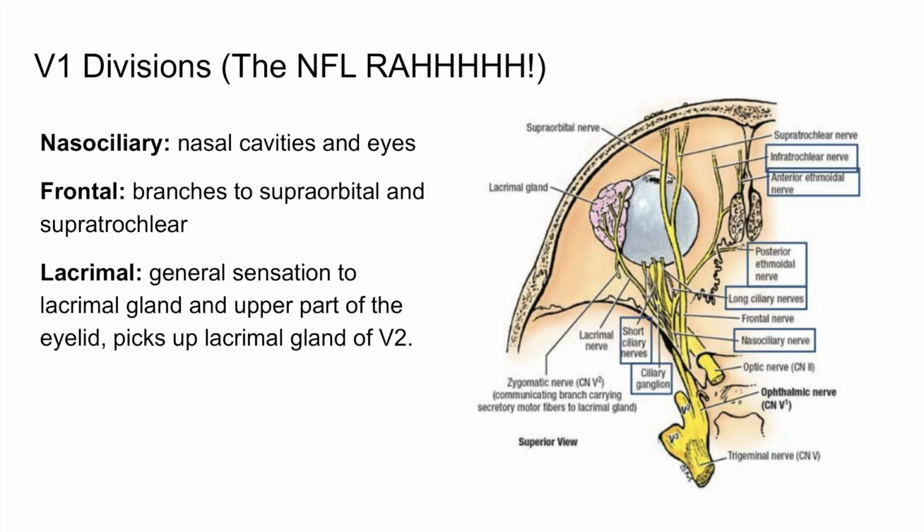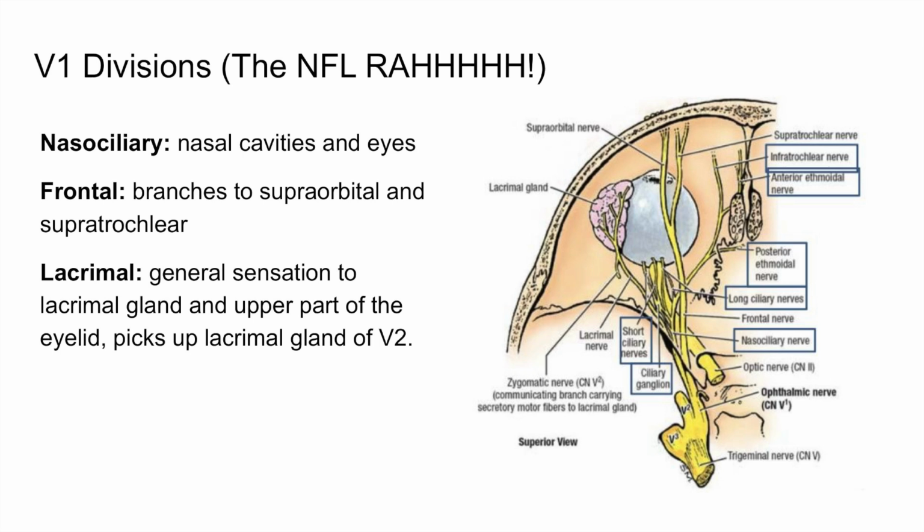This is the branch that gives off the long ciliary nerves and connects with the ciliary ganglion, which means it's directly involved in corneal sensation and in carrying autonomic fibers to the intraocular structures. So if you think about the corneal reflexes or eye pain, you should be thinking nasociliary. It also sends branches to the nasal cavities via the anterior and posterior ethmoidal nerves, which explains why orbital and nasal symptoms can overlap.